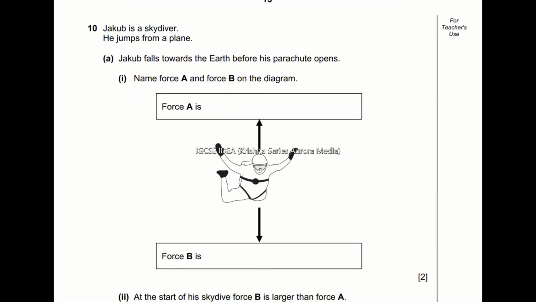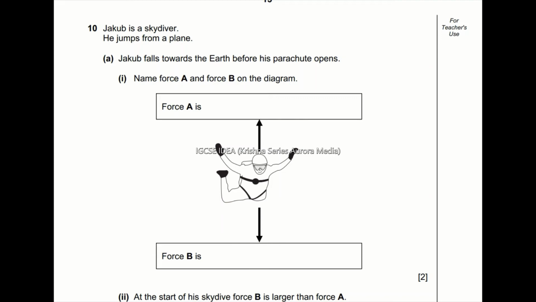Question 10. Jacob is a skydiver. He jumps from a plane. Jacob falls towards the earth before his parachute opens. Okay. Name force A and force B on the diagram. Okay.